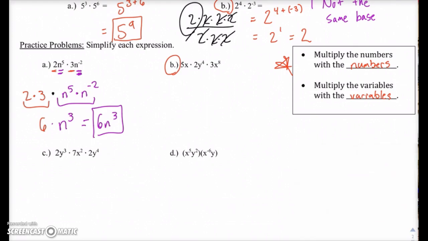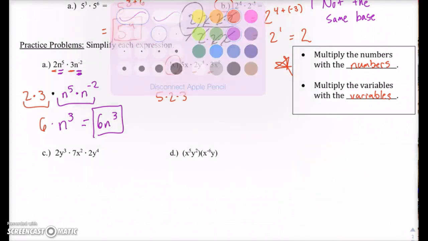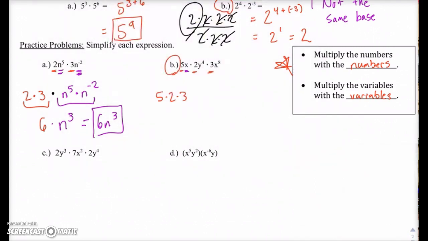Okay, now for example B, again, let's underline all of my numbers because we're going to multiply the numbers with the numbers. So 5 times 2 times 3. And then let's get all the variables. So the x, this one doesn't have an x, so I'm just going to leave it there with the x to the power 8, right?